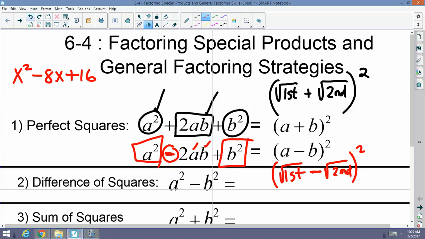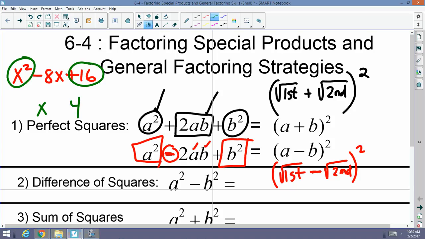So this is how I always test to see if it's a real perfect square trinomial, okay? I ask myself, what's the square root of x squared? Okay, x. And that's a perfect square. Next, I ask myself, is 16 a perfect square? If so, what is the square root of it? Okay, 4.